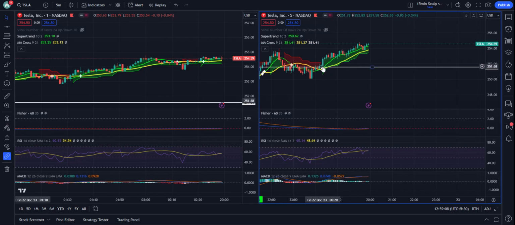So from the 250 251 area, it did go to that 255 area, which is what I was expecting in the morning as well. But it didn't go our way, and that happens.